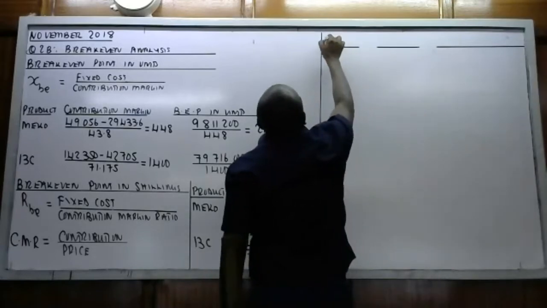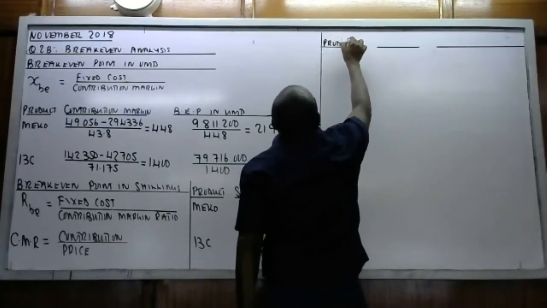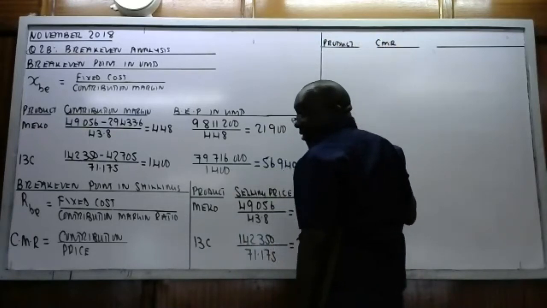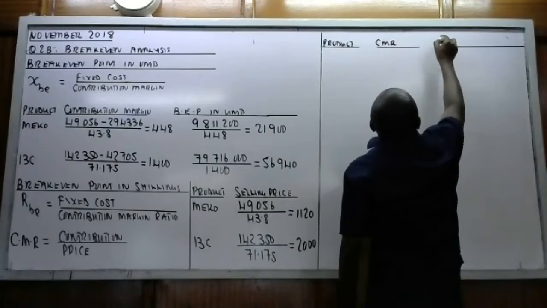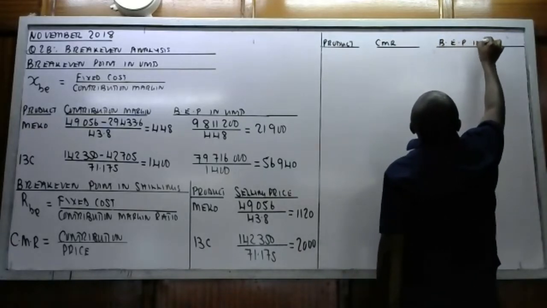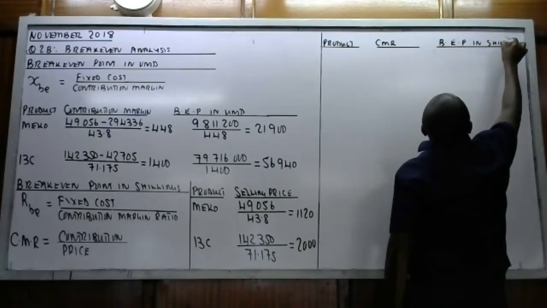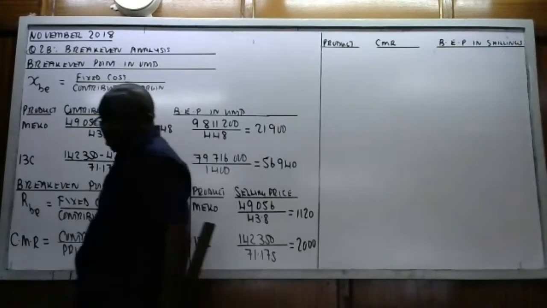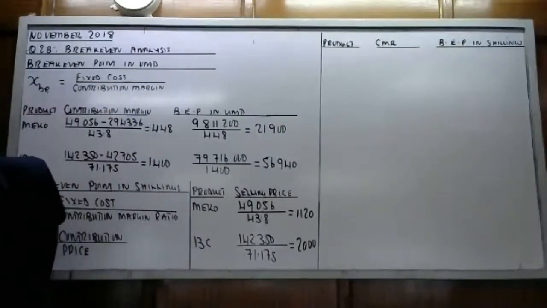I have the product now. I get the CMR and I get break-even points in shillings.